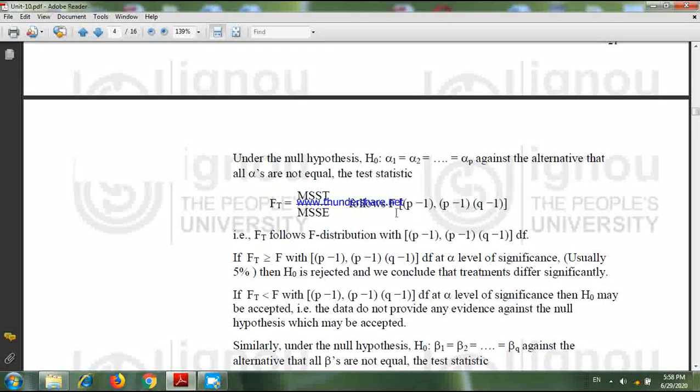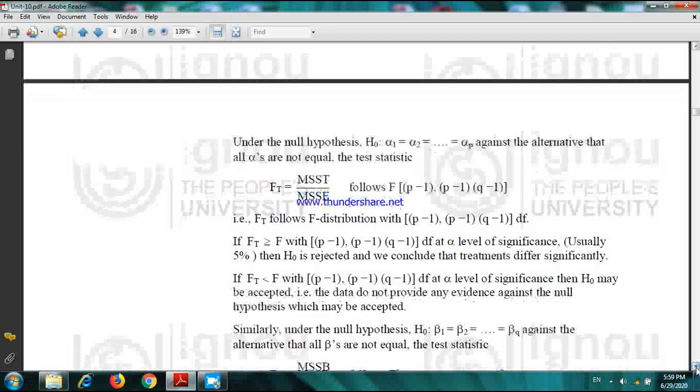P minus 1 is the degree of freedom for treatment, and (P minus 1)(Q minus 1) is the degree of freedom for error. Under H naught, alpha 1 equals alpha 2 equals alpha p, Ft follows F distribution with P minus 1 and (P minus 1)(Q minus 1) degrees of freedom.